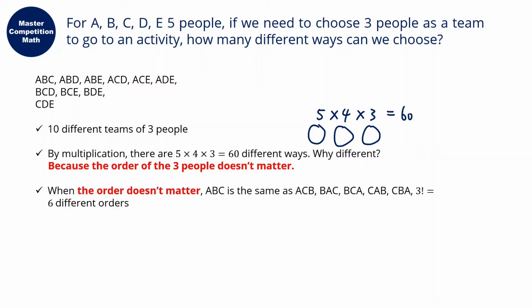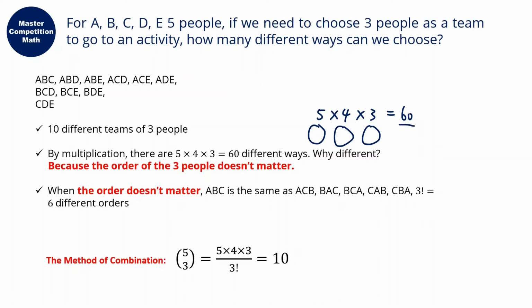So when the order doesn't matter, ABC is the same as ACB, BAC, BCA, CAB, CBA. That is 3 factorial, 6 different orders. So in total, we can first calculate 60 different ways.